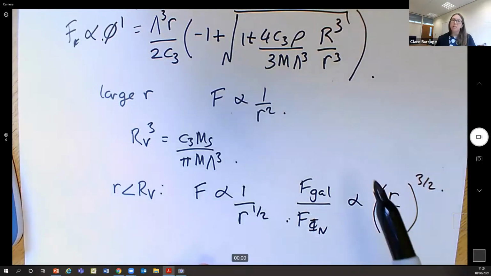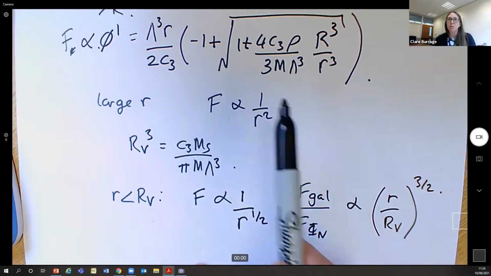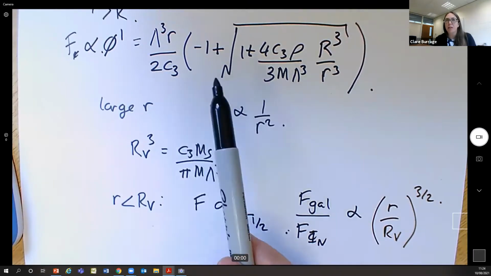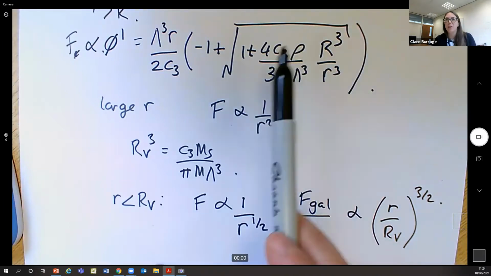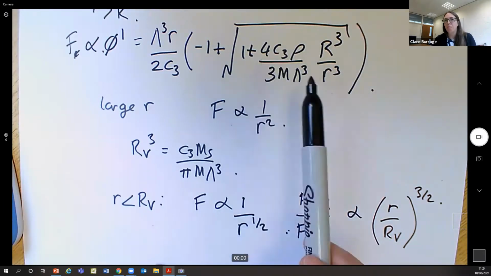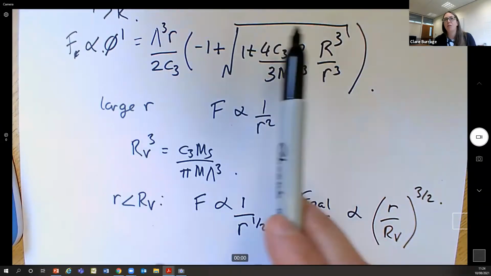So once you're inside this characteristic radius, the force is suppressed, and it gets more and more suppressed the deeper inside this Vainshtein radius you get. And that's all to do, in this example, with whether this term under the square root is bigger or smaller than 1. So you can see that that's where this scale comes from, this combination of stuff here.